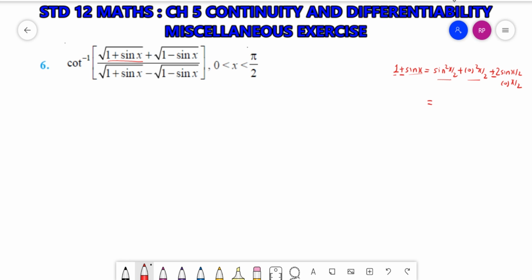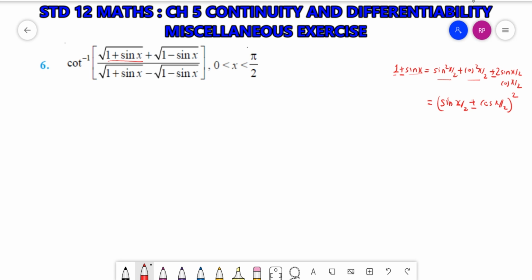So this will be a plus minus b whole square. Clear? Sorry, it's not sine square plus cos square, that will be 1. It's sin x by 2 plus minus cos x by 2 whole square, means a plus minus b whole square.